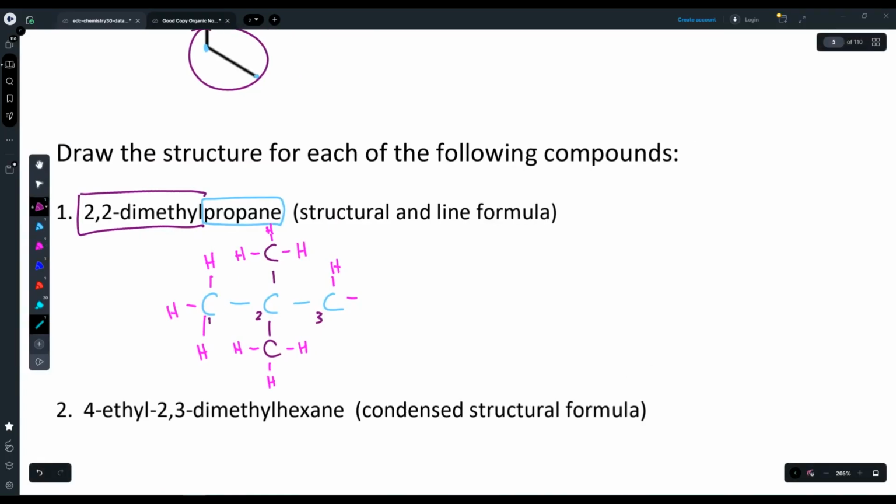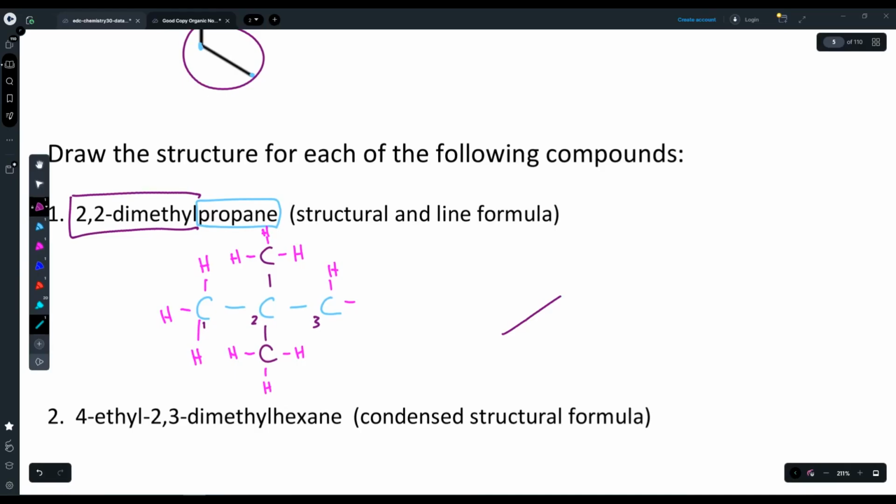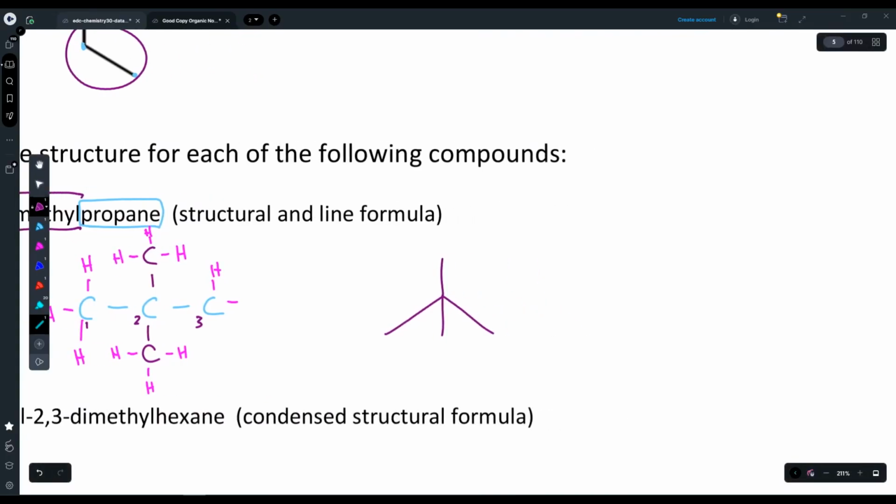Now let's do the line formula of the exact same thing. So we have 1, 2, 3, and our branches go there and there. Could you also draw it a little bit differently? You could have your parent chain 1, 2, 3, and then both of your branches up like this.